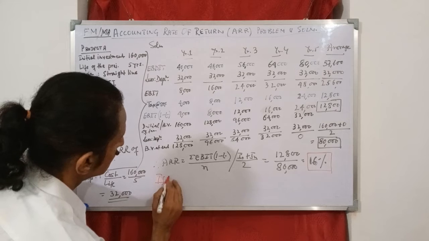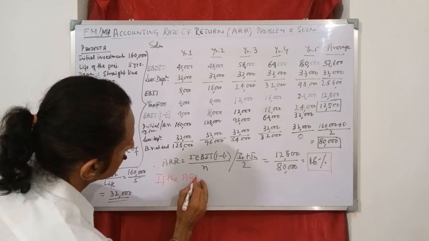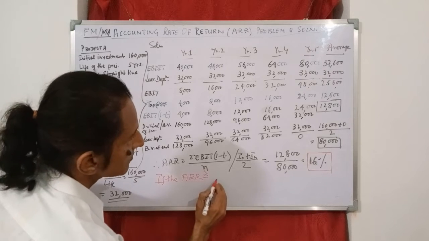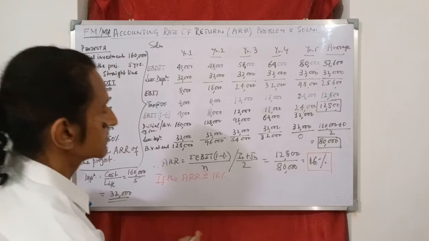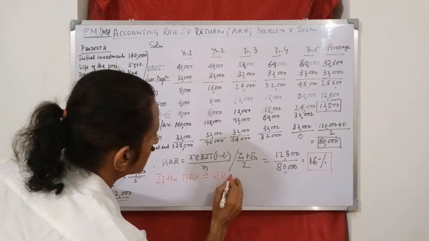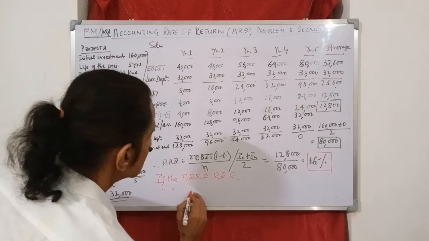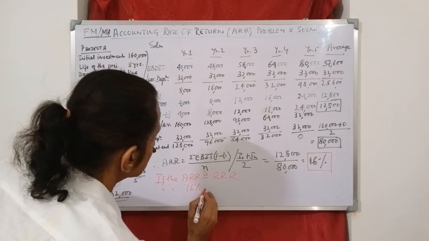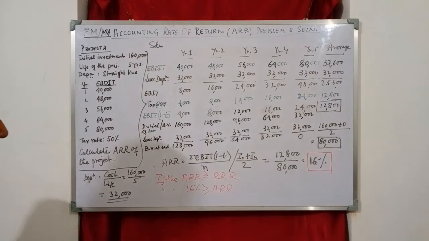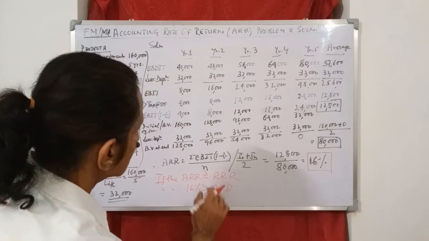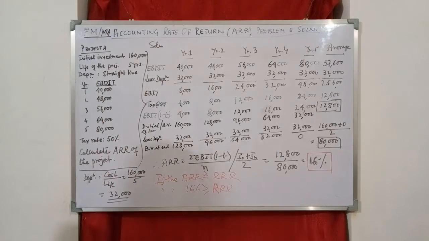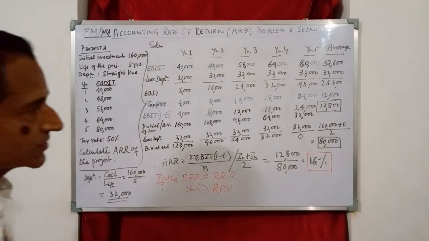So we can say if the ARR is greater than or equal to the required rate of return, that is, if ARR is equal to or more than the required rate of return, then the project will be accepted.